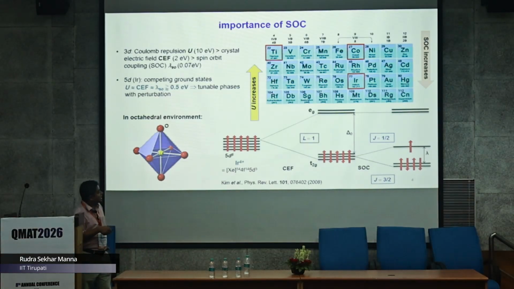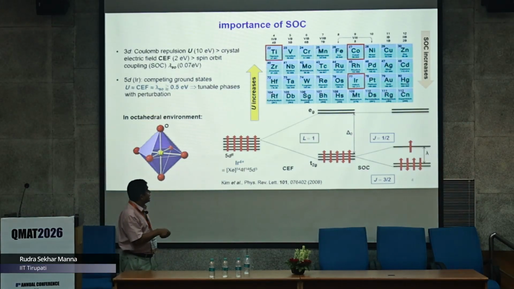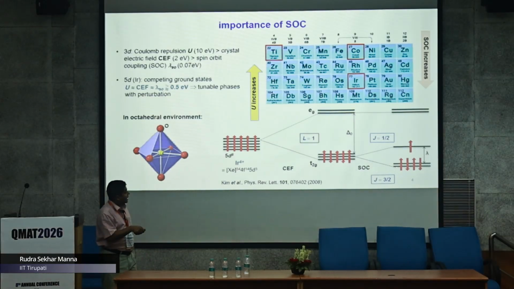And if you add the spin orbit coupling here, because the 5D elements have significant spin orbit coupling, as I mentioned, you can have 2 states. That means these 5 electrons are in the low spin configuration, provided the delta 0 is much bigger here.